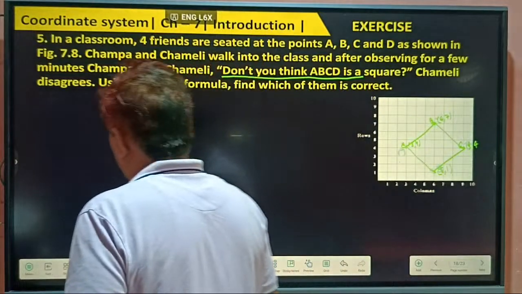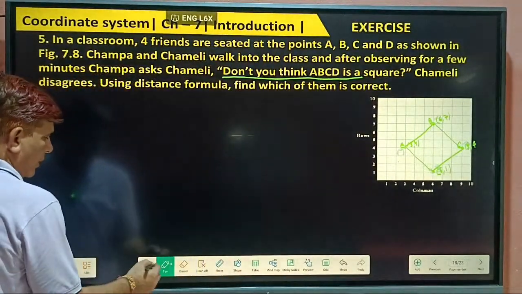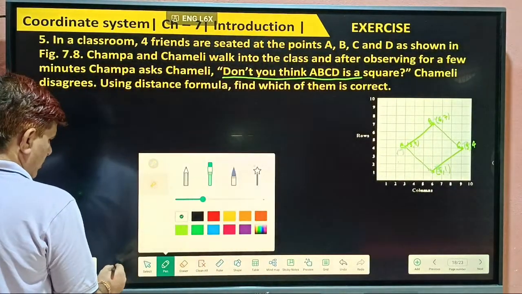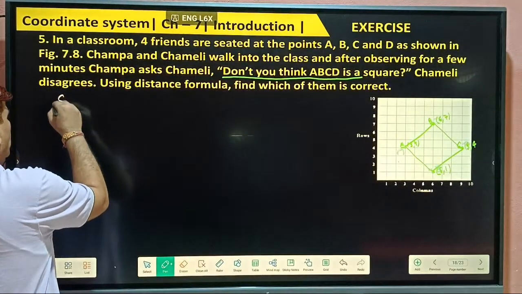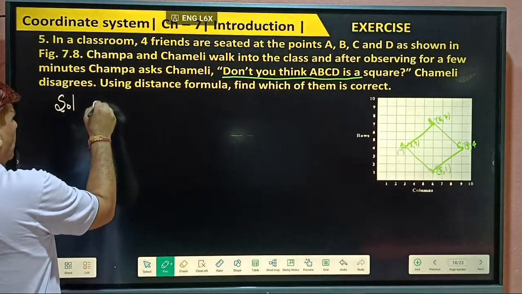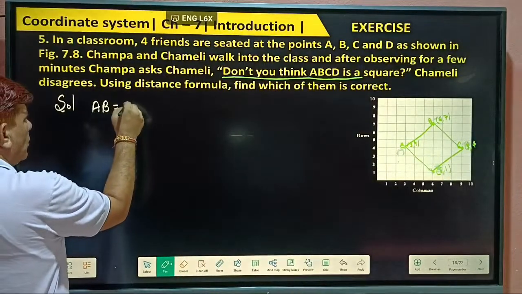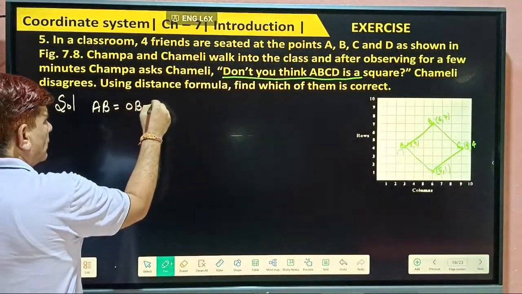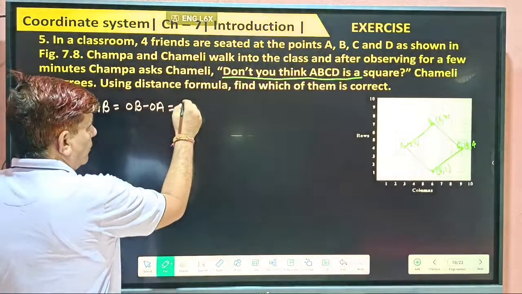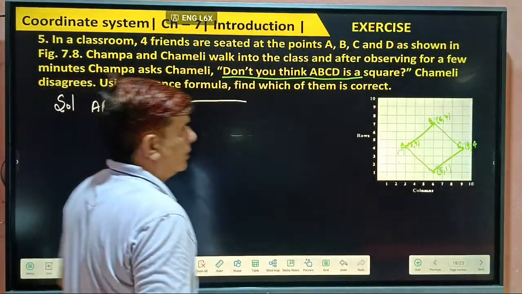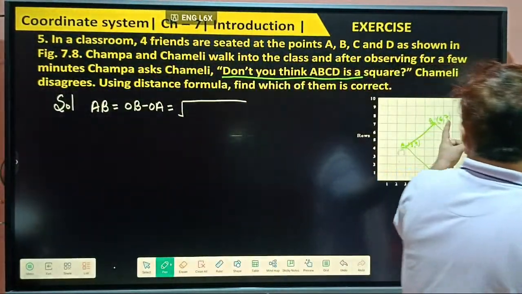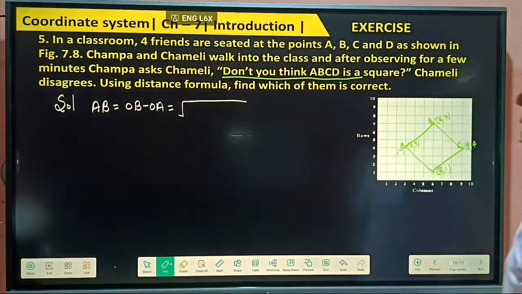This is AB. First we find its length. AB equals the distance between A and B. What are the x-coordinates? B is 6, A is 3.